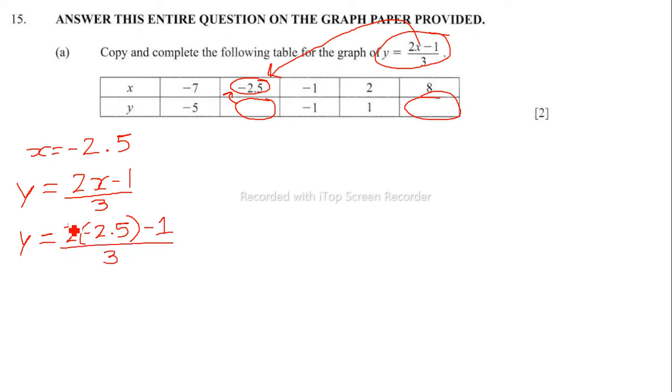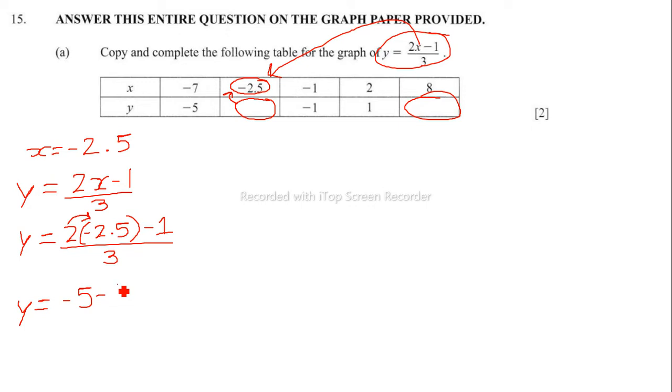Now what is 2 times negative 2.5? Negative 5. That's correct.